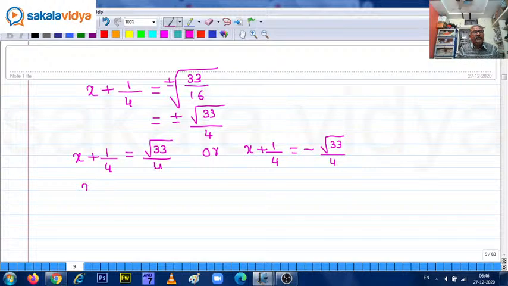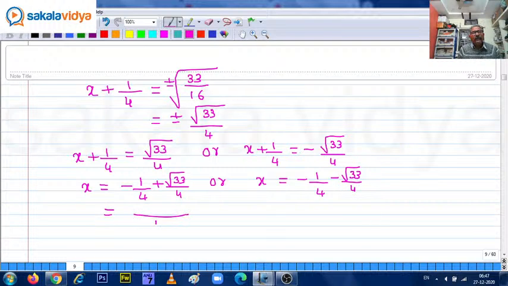Transpose 1 by 4 this side. X equals to negative 1 upon 4 plus root 33 upon 4, or x equals to negative 1 upon 4 minus root 33 upon 4. So 4 is the LCM. We get negative 1 plus root 33. This equals to 4 LCM, negative 1, negative root 33.